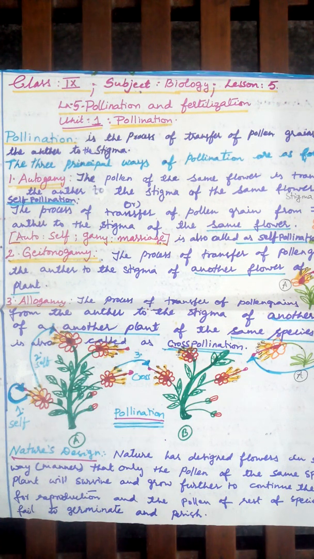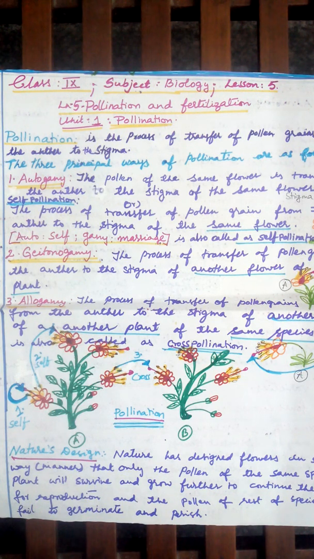Now pollination may occur between plants of the same species. Suppose in a forest or in a big area, the pollen grain of the different species falls on the same stigma. Suppose you take in a forest, there are neem plants, eucalyptus, mango, various kinds like that. Suppose the pollen grain of the mango falls on a neem, then they perish.